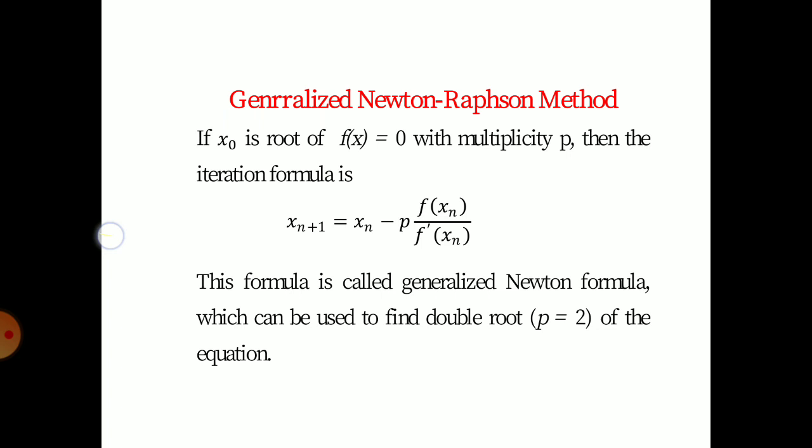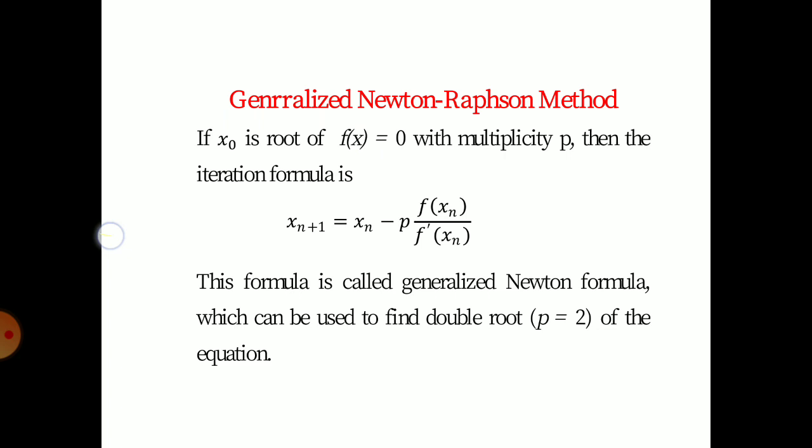If it repeats 3 times, means the equation has solution, for example 2, 2, 2, 3 times, that means p is equal to 3. Multiplicity means how many times that solution is repeated, and we have denoted it by p. Means x0, this solution of the equation f of x is equal to 0, repeats p times.